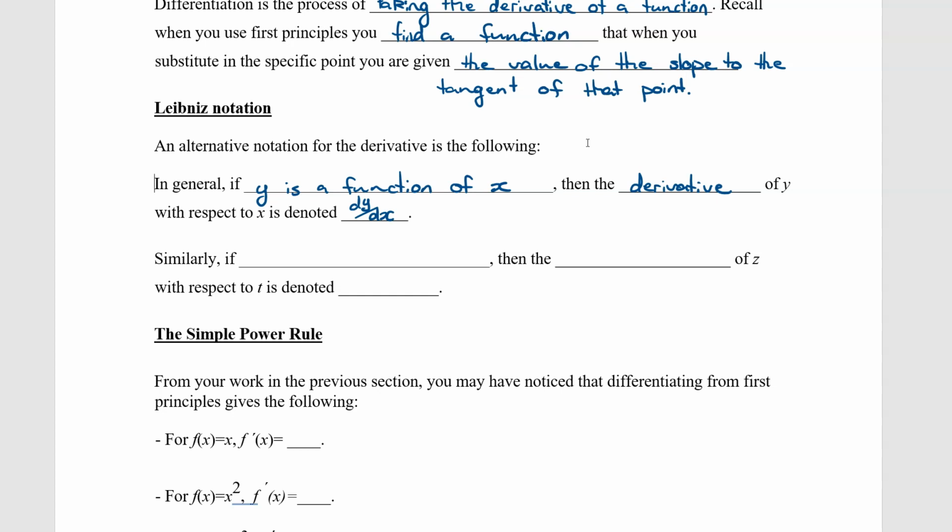This in itself is the same as writing f dash of x, but this is Leibniz's notation. Similarly, if z is a function of t, then the derivative of z with respect to t is denoted as dz over dt.